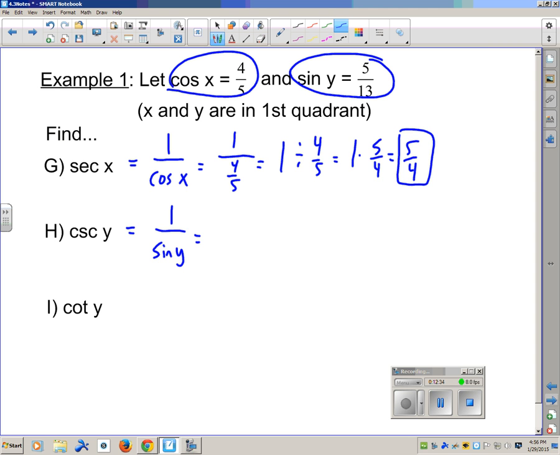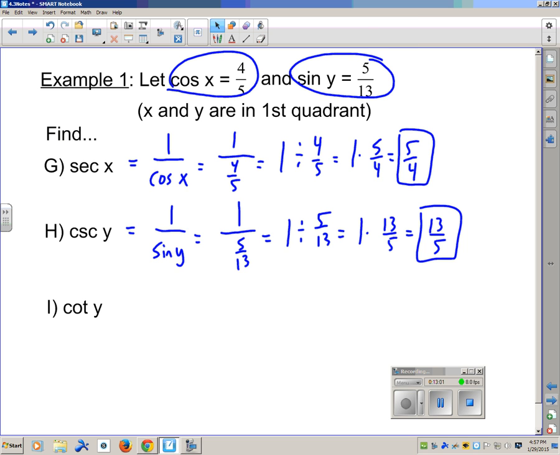If you didn't know that, could we do the math? Sure. We could do 1 divided by 5/13, which is the same thing as 1 times the reciprocal, 13/5. Same thing, reciprocal relationships, cosecant and sine. Again, those are written at the top of your identity sheet, so if you have them there, it makes your life really easy.